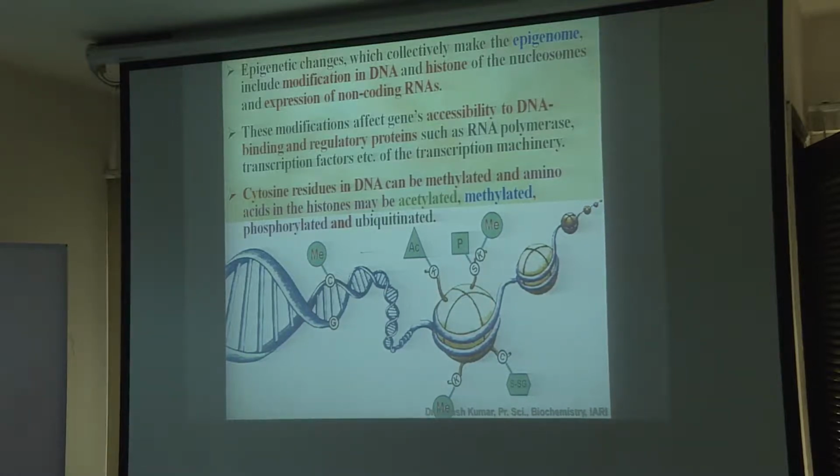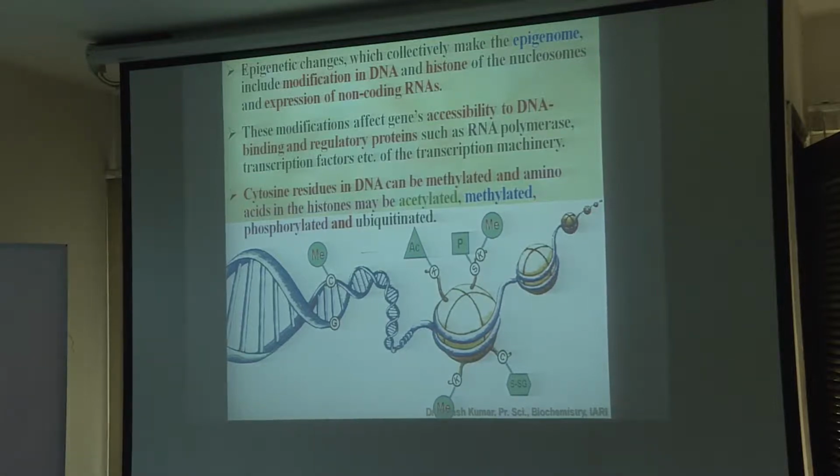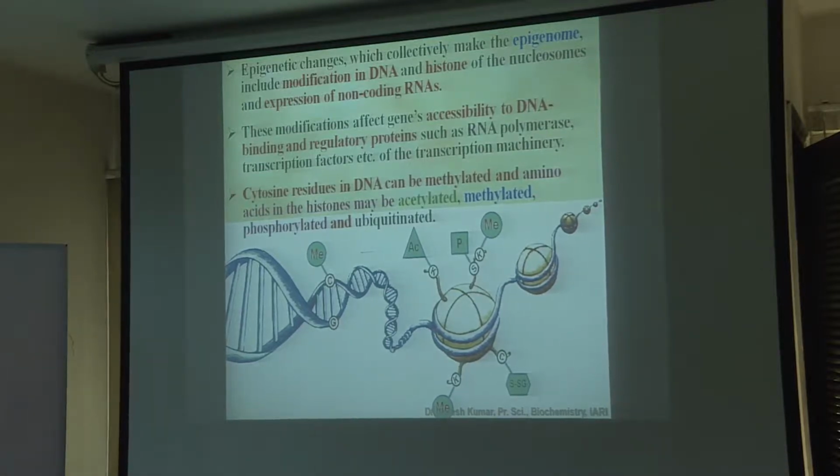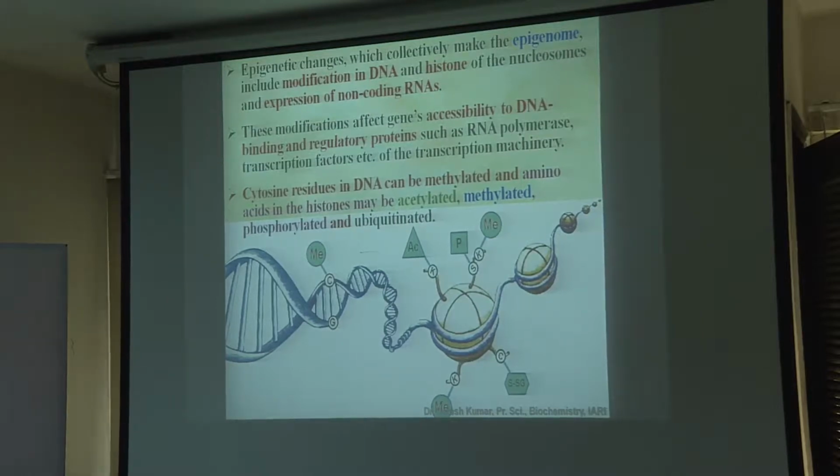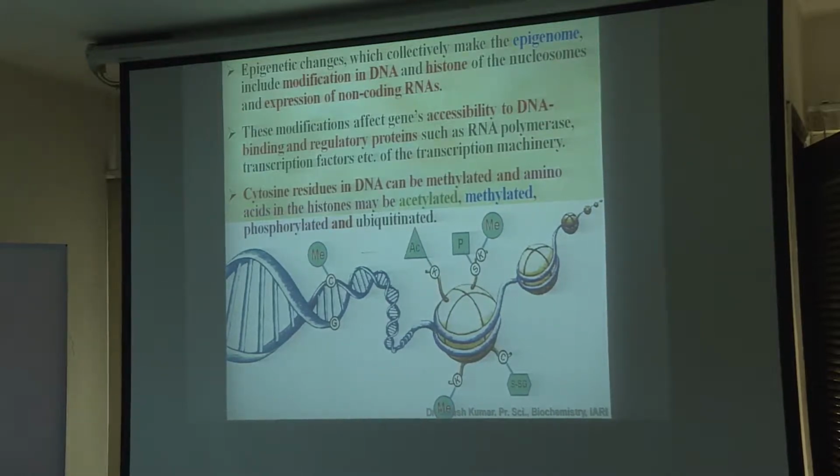So, it will have different properties than normal lysine or any other normal amino acid. What is found is that if lysine is acetylated, the binding of DNA on that protein will be loose. So, it can easily open up.